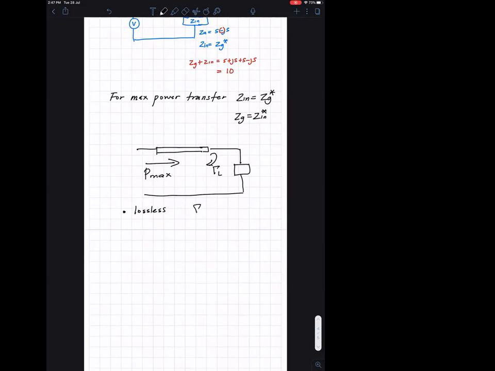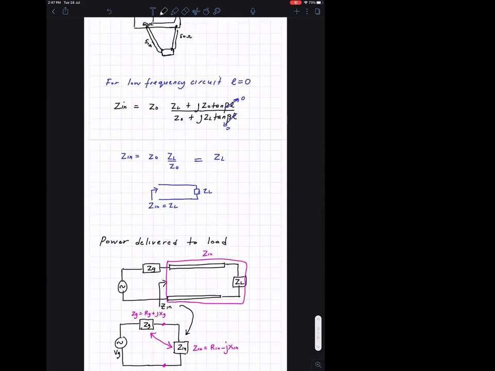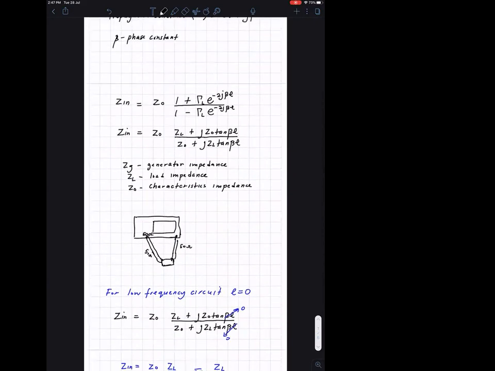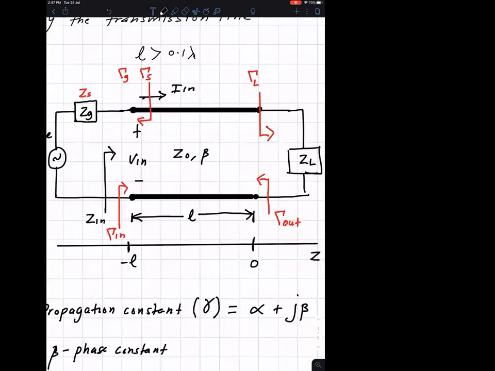If the reflection coefficient is not 0, if the line is not matched to the load, it may not be 0. And for ZG, when you go back to the circuit, the other coefficients like gamma S or gamma G may not be 0.